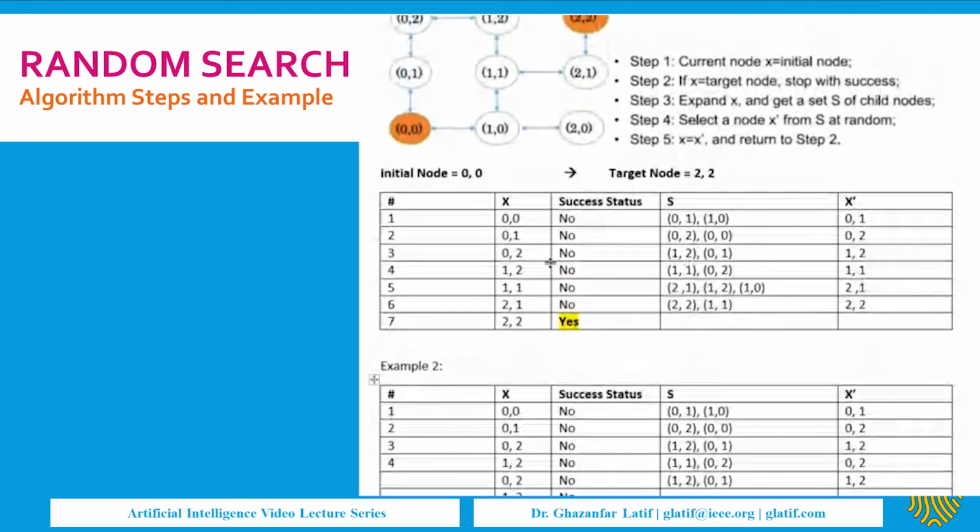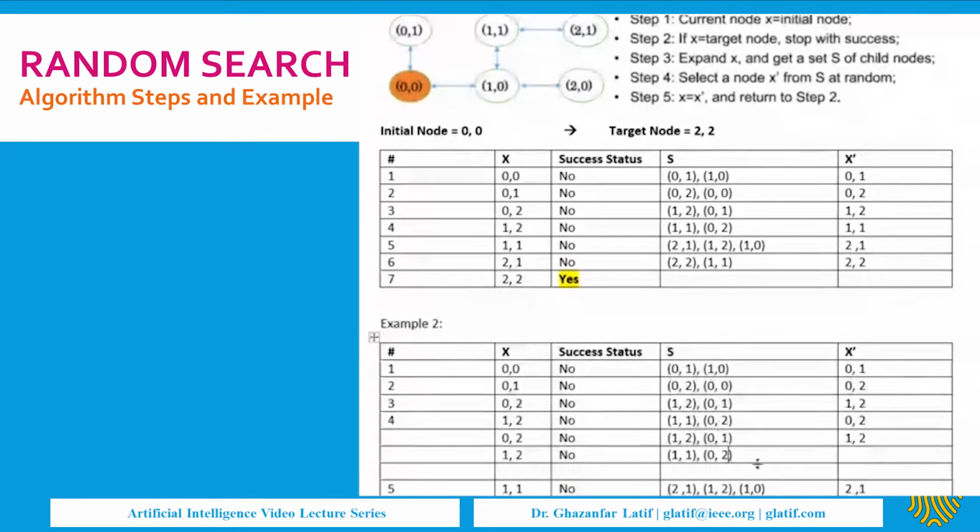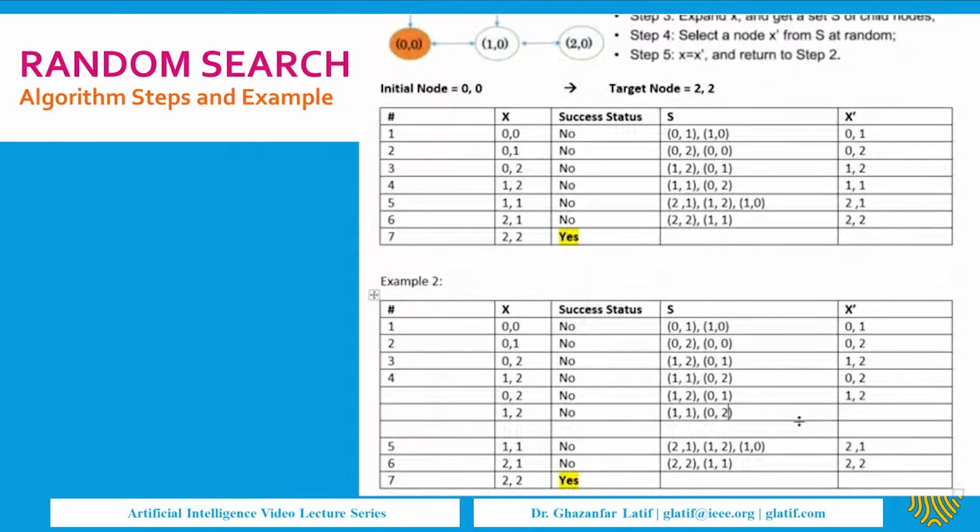No. Now what are the child nodes of 1, 2? It is 1, 1 and 0, 2. We added these nodes redundantly because we already went through 1, 1 and 0, 2 here, but because of the random selection of 0, 2 instead of 1, 1, we went into the loop. So now we have 1, 1 and 0, 2.